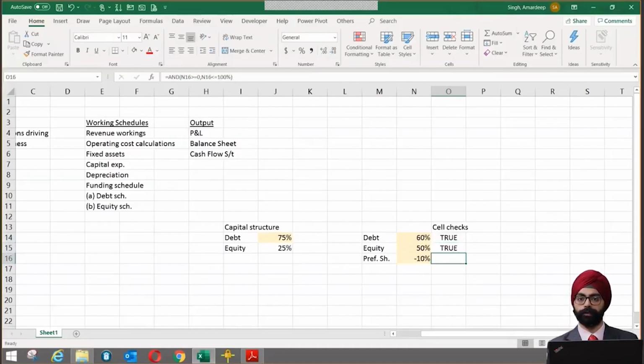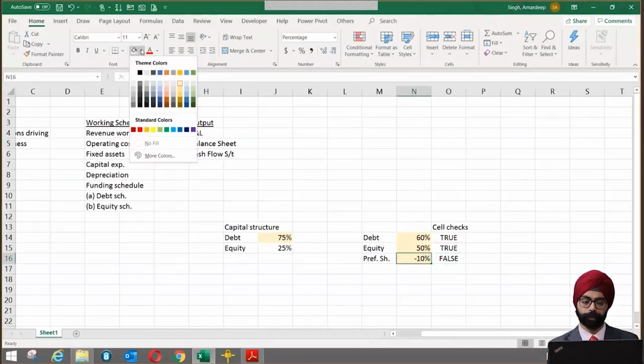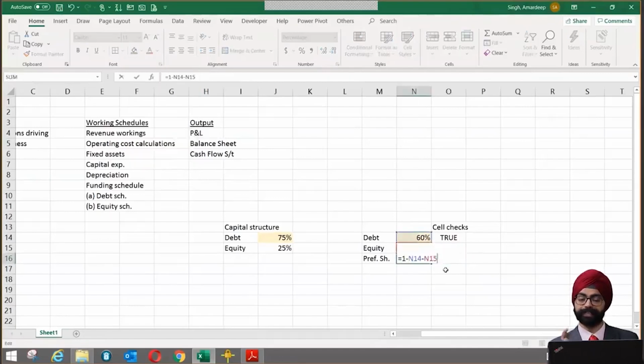So what is going to happen is that you see there is no problem with debt, there is no problem with equity, but there is a problem with preference shares because that's coming to be negative. Let me just remove the shading from here because we did not take this particular input as a hard-coded input from the user.